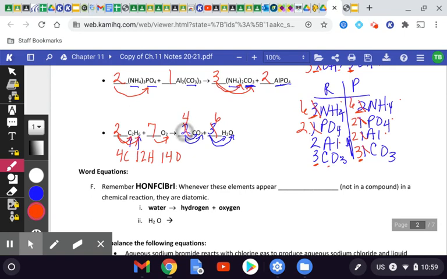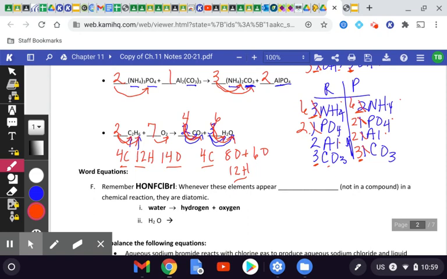On my product side, I now have 4 times 1, 4 carbons, 4 times 2, 8 oxygens, but remember they're in 2 places, 6 times 2, 12 hydrogens, and 6 times 1, 6 oxygens. So carbons now match, hydrogens match, and I have 14 oxygens. 8 plus 6 is 14 oxygens. They match.